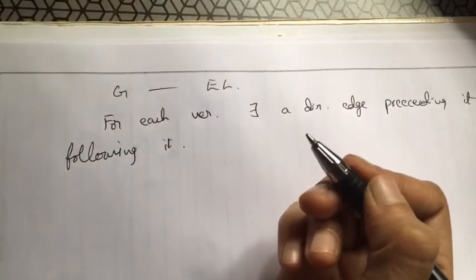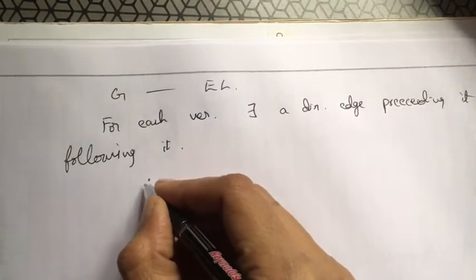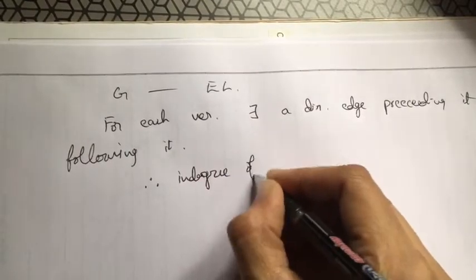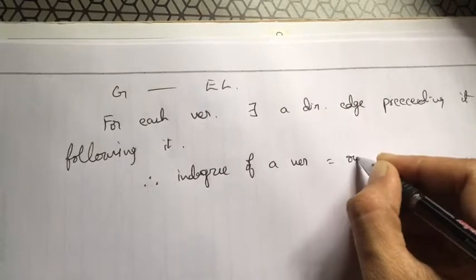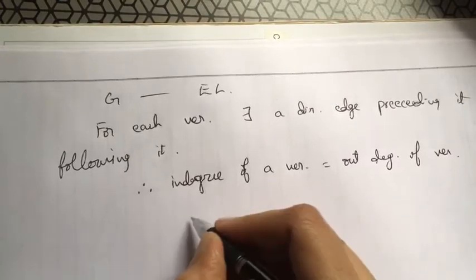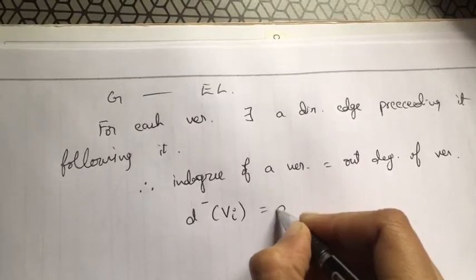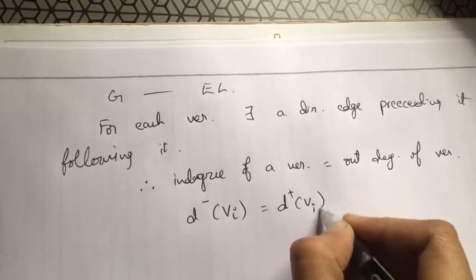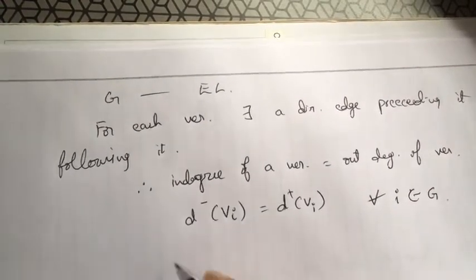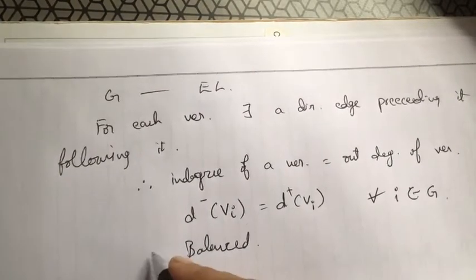It means that the in degree of a vertex is equal to the out degree of the vertex. That's the same as writing d minus of Vi is equal to d plus of Vi for all Vi in G, right? That means the graph is balanced. This is the first part.